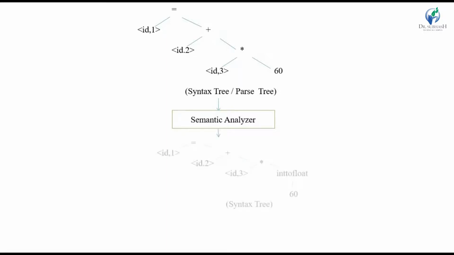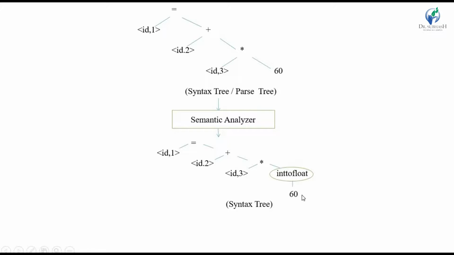So here you can show that there is one type checking, integer to float. You can easily understand that you can convert any type from a smaller to a larger type easily. So here it generates the syntax tree with its type checking, integer to float.